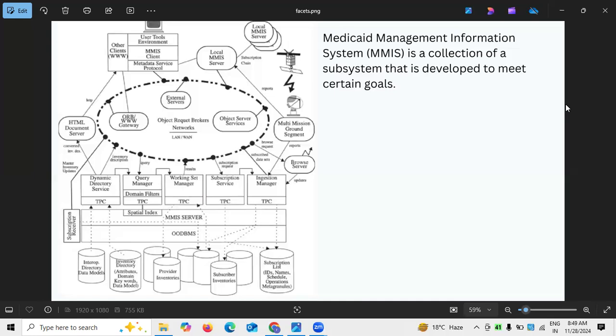EDI transactions can be 835 or 837 or 270; different EDI codes generally are used to implement these. So understanding these processes and systems makes us more effective, so that we can implement these things effectively by integrating EDI transaction codes, etc.